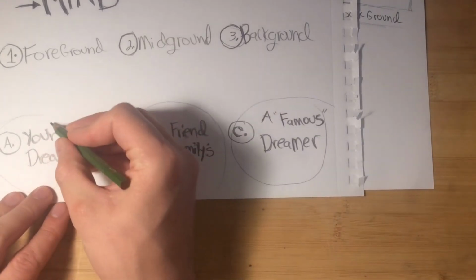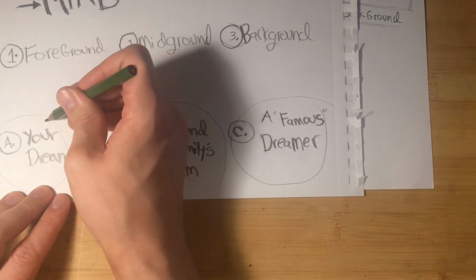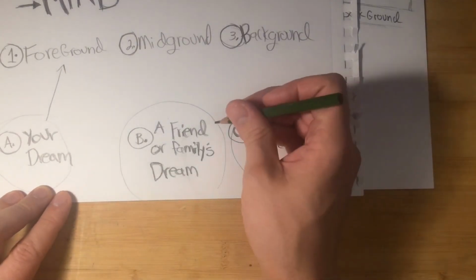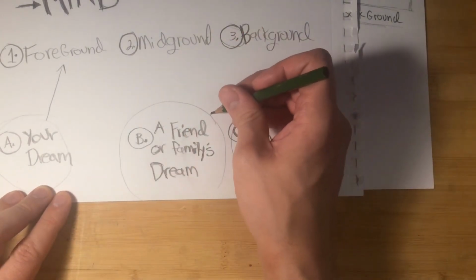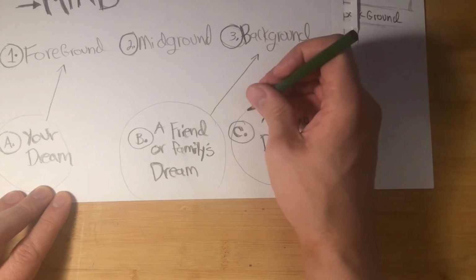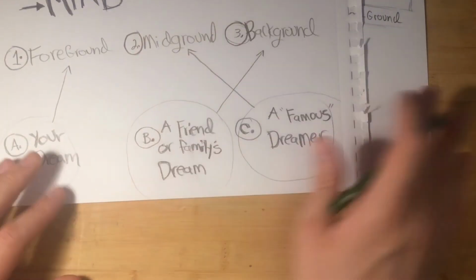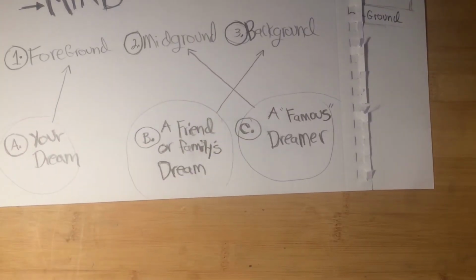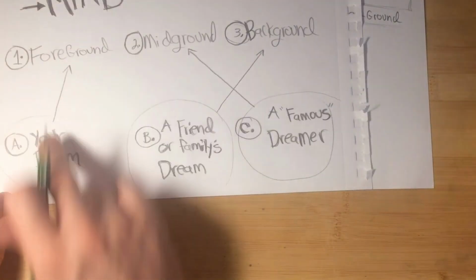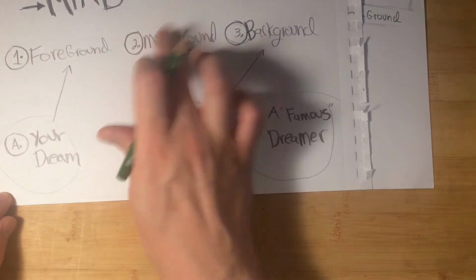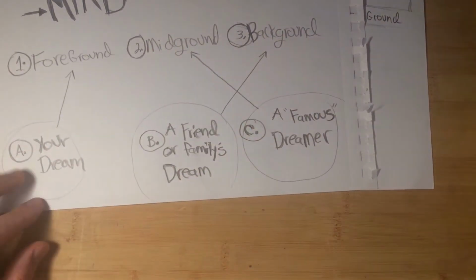Maybe your dream goes in the foreground, and your family's dream, your friend's dream goes in the background, and the famous dream from the Google Doc goes in the midground, right? Or you can mix that up and match that however you want. It doesn't matter where you put this, but you have to have 3 dreams, and 1 is going in the foreground, 1 is going in the midground, and 1 is going in the background.